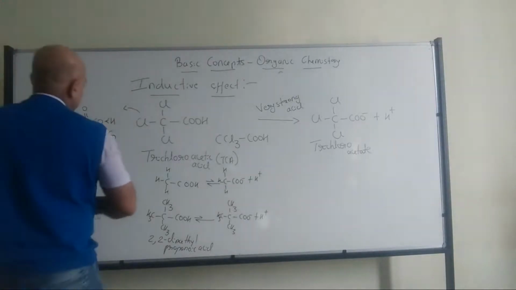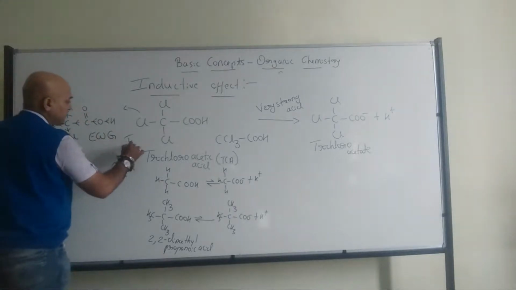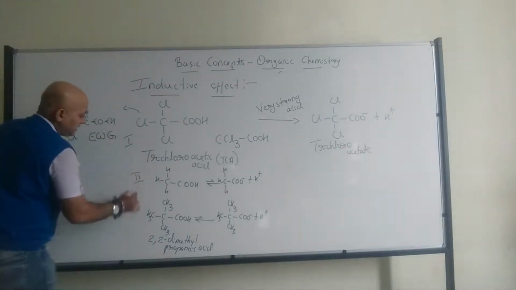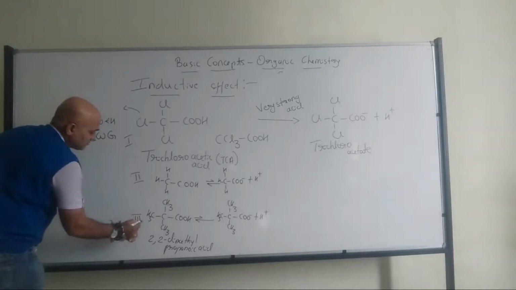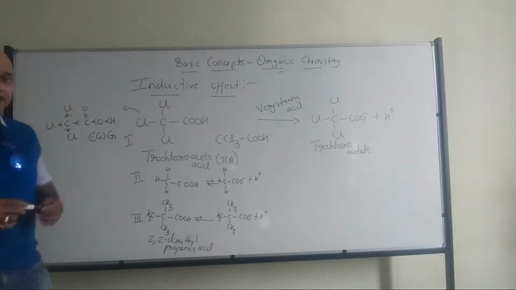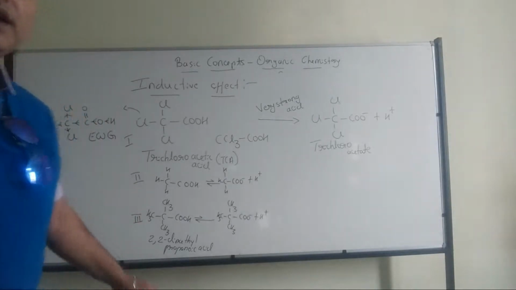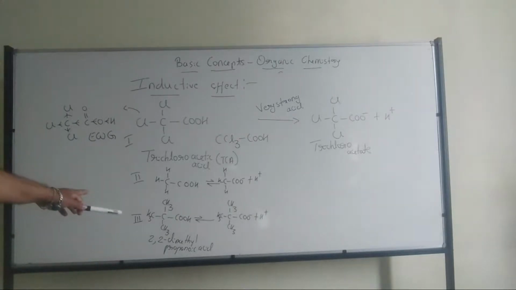Anyone? So I will consider this one as the first example, this one as the second one, and this one as the third one. Now my question is whether the molecule I have taken as the third example, 2,2-dimethyl propanoic acid, will behave as a weak acid or a strong acid.